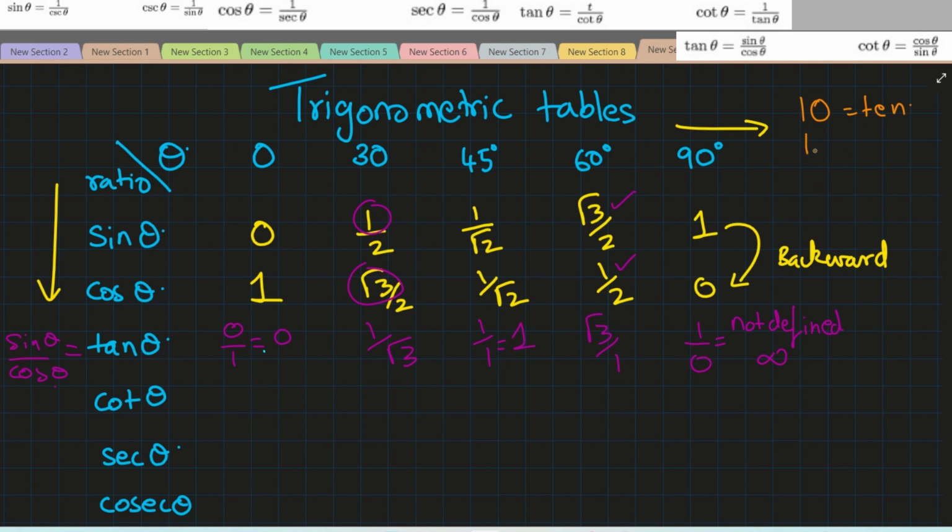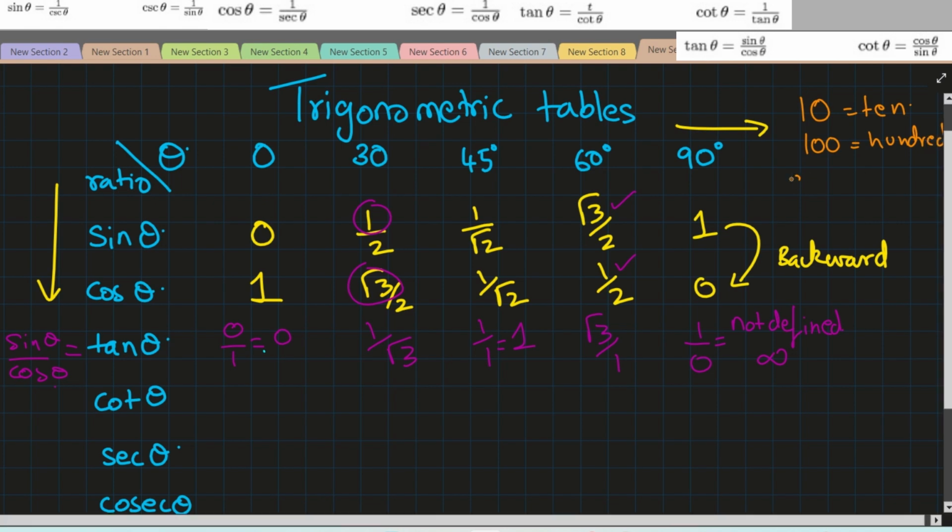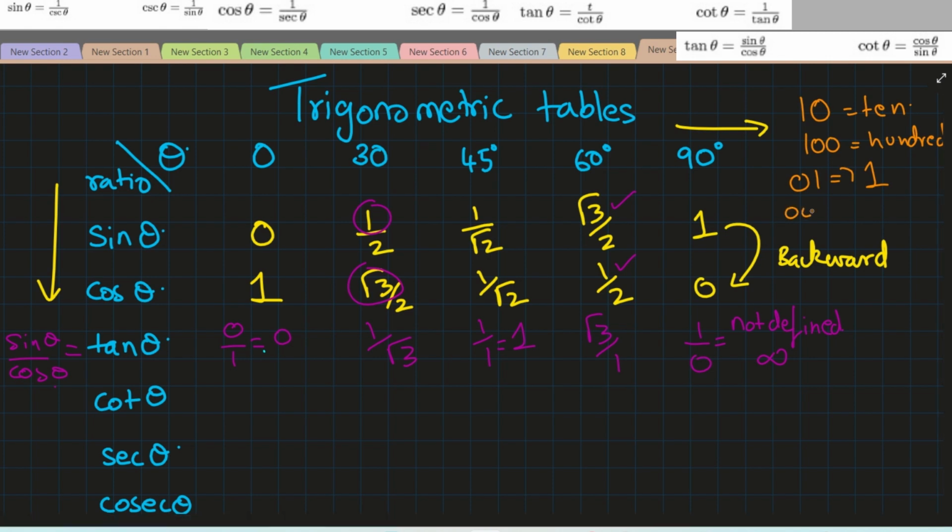And when we substitute 2 zeros after 1, we call it 100. And when we substitute 0 before 1, we call it 1. And when we substitute 2 zeros before 1, we also call it 1. Now, it all depends on the position of 0, where it is.